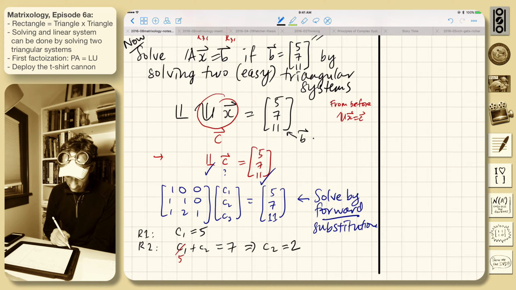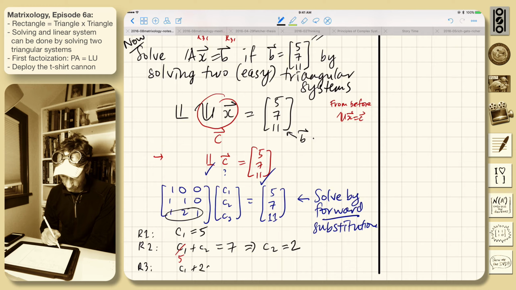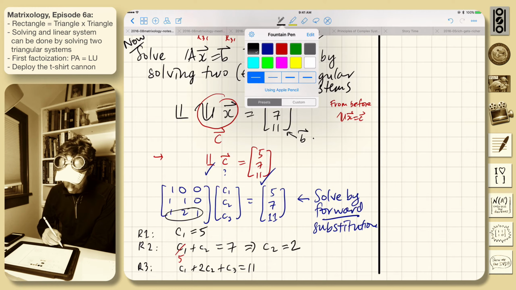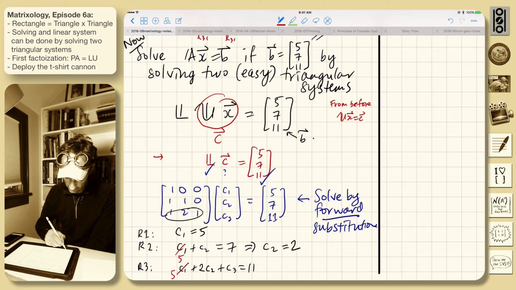Yep. And then row 3 has 3 pieces in it. C1 plus 2C2 plus C3, all of that equals 11. Let's put in the pieces. So this is a 5. All right, we've got a 5 here.